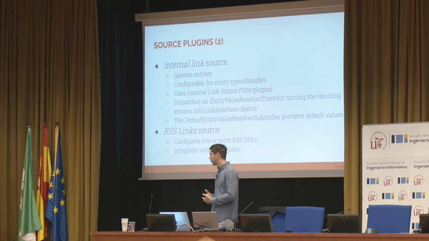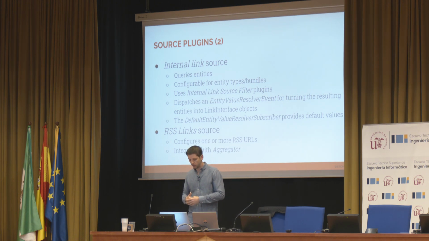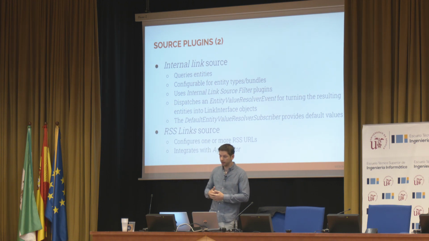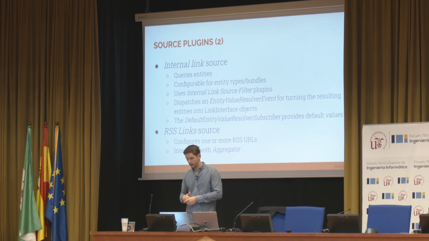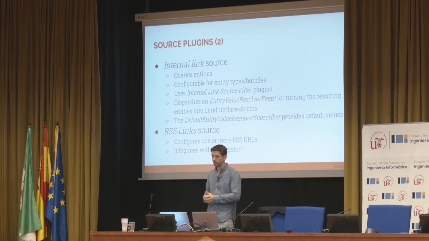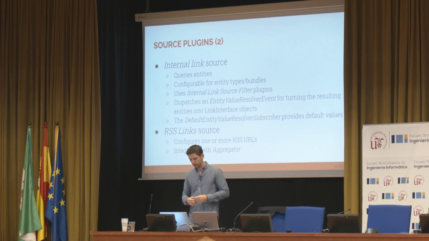We also have a default subscriber that does the basic stuff for it. So already out of the box, you'll end up with a title, summary of the body if there's a body in the node or whatever, and the URL. But if not, you have your own subscriber you can implement and resolve specific data from specific entity types.